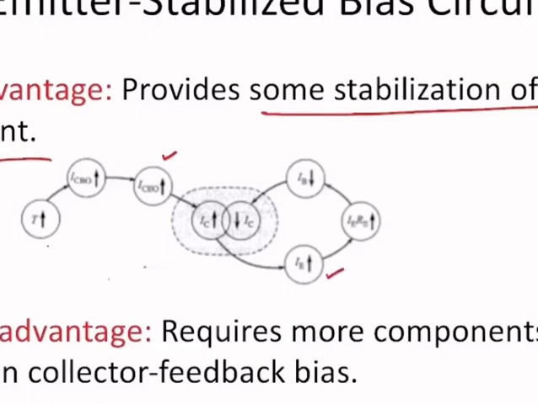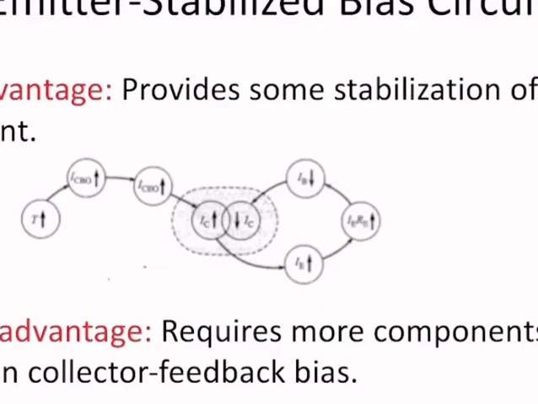Due to this increase in emitter current, IE RE, that is the voltage across the emitter, denoted by VE, would also increase. How does it increase? As we found in the analysis of this bias circuit, IB is equal to VCC minus VBE minus IE RE divided by RB. This equation, when this increases.